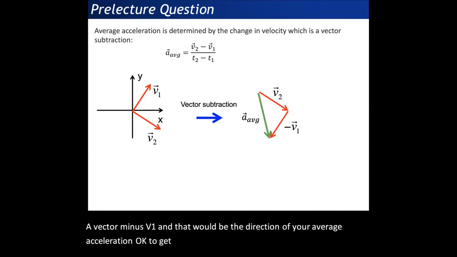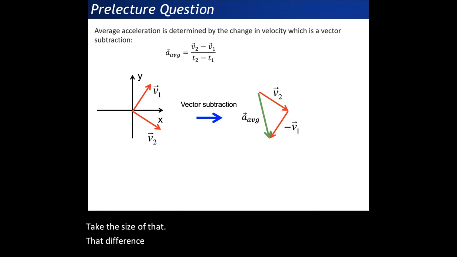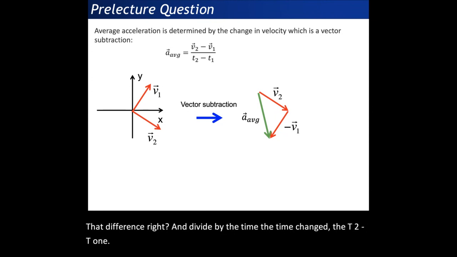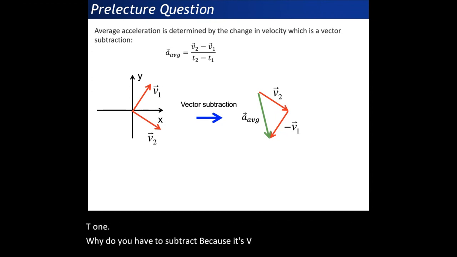To get the magnitude, you'd have to take the size of that difference and divide by the time change, t2 minus t1. Why do you have to subtract? Because it's v2 minus v1, the change in velocity.